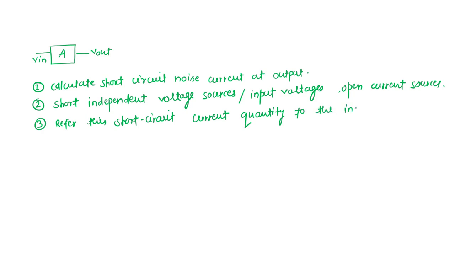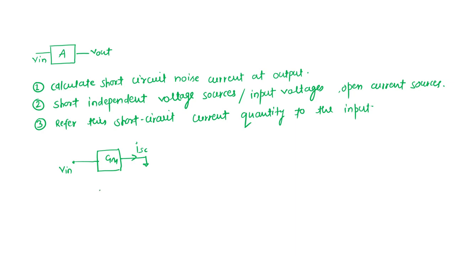Okay, so if we want to refer any current quantity to the input, what do we do? If there is a block and there is a current at its output, which is ISC, and I want to find the equivalent value of this short circuit output current at the input, then we will divide this quantity by the GM of the circuit.